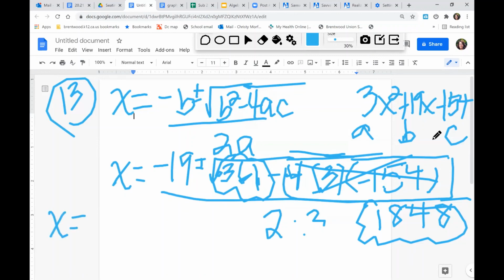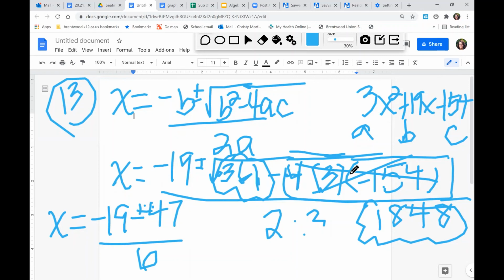So here's what our new problem is now. Negative 19 plus or minus 47, all divided by 6. The 6 is coming from that 2 times 3 at the bottom. The 47 is coming from 361 minus 4 times 3 times negative 154, so that 47 is the square root of all that stuff.